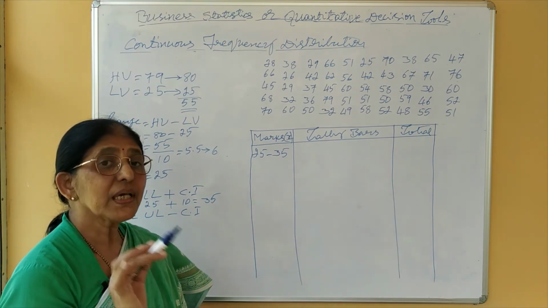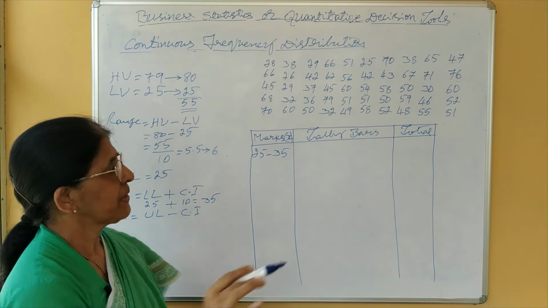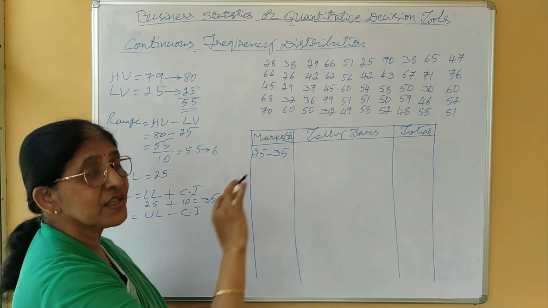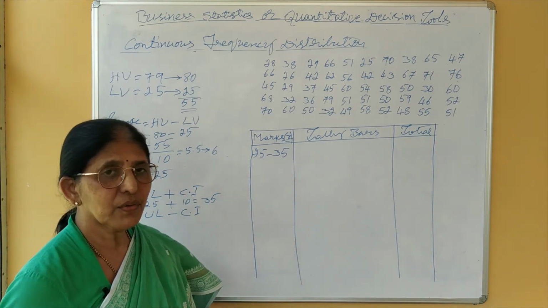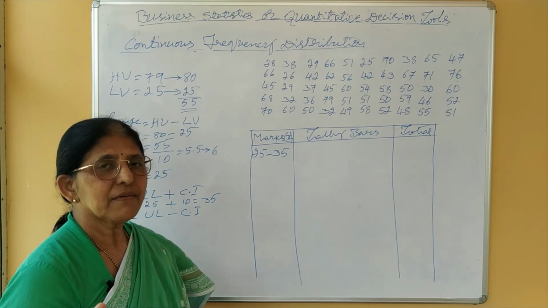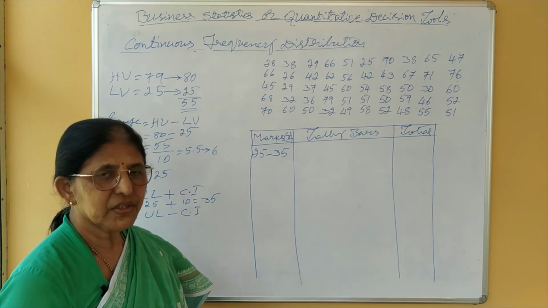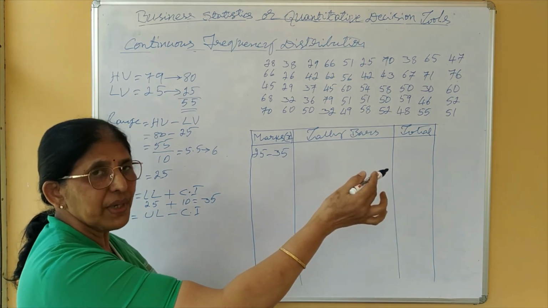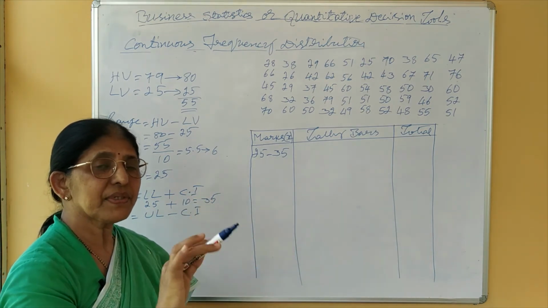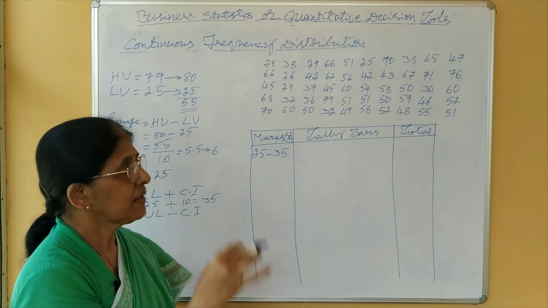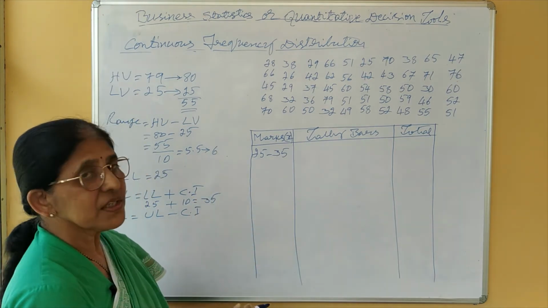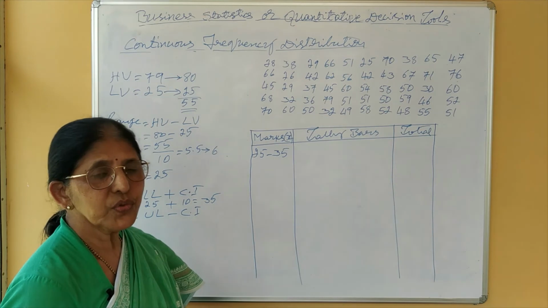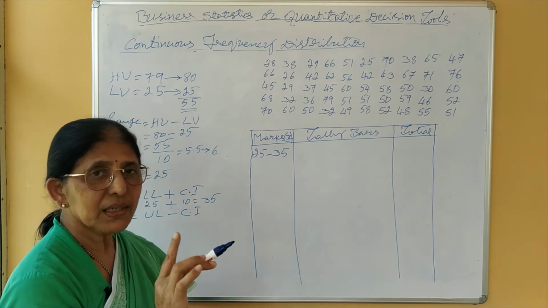Usually, I have told you the exclusive method is preferred. Therefore, here let us take the exclusive method. Anyhow, you have to write a note as to which method, since it is not mentioned. I preferred the exclusive method. If in the problem itself it is given specifically to form a continuous frequency distribution table under the inclusive method, then you have to follow that method only.